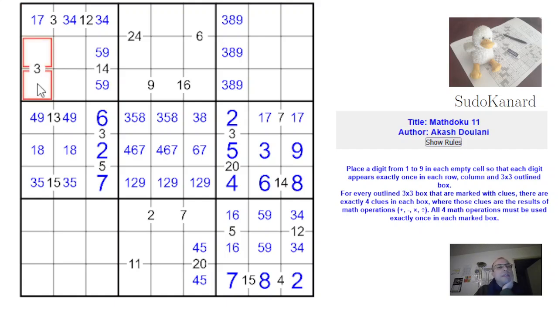Note that this could still be 6 divided by 2 with a 7 here. Actually, I don't think that works. If this is 2 divided by 6, then this has to be subtraction. And yes, it seems to work actually.